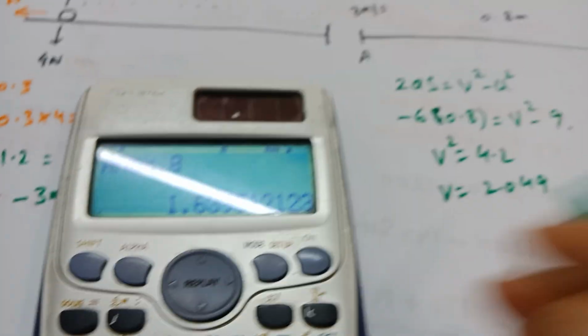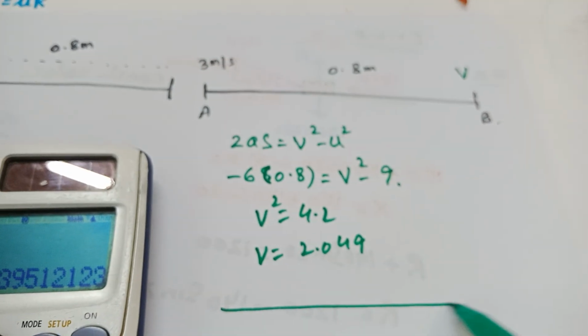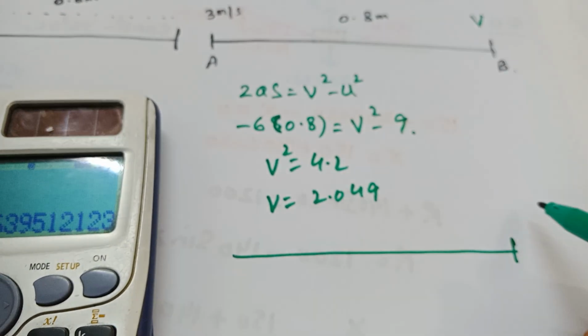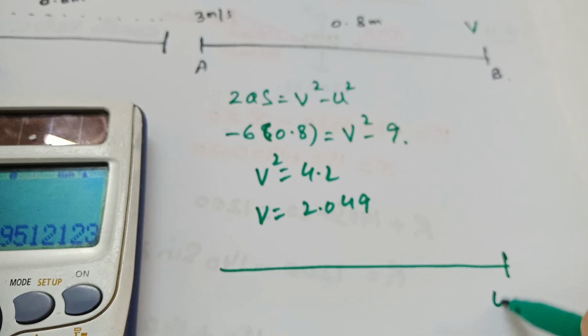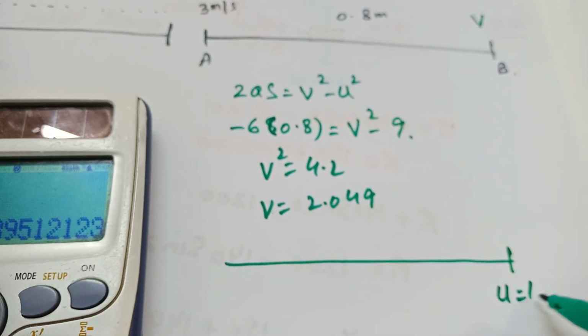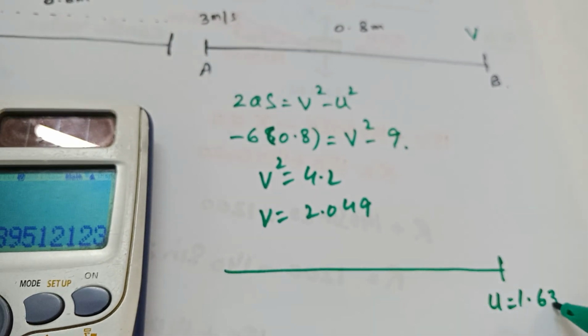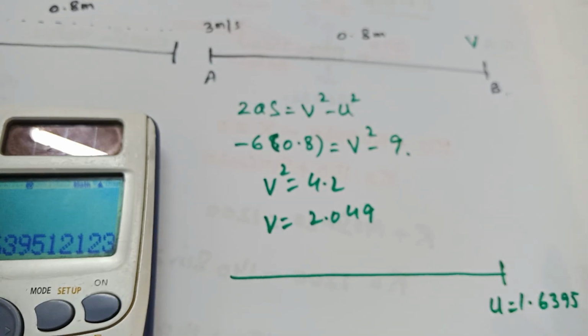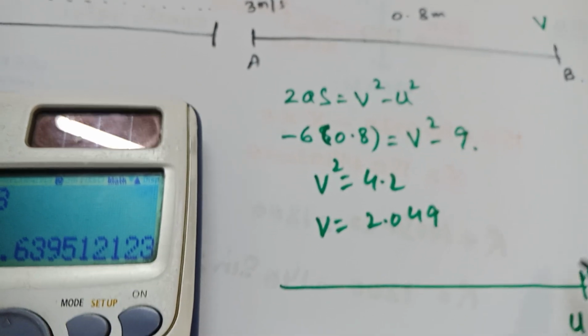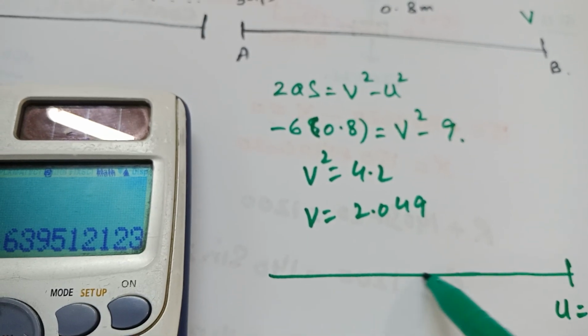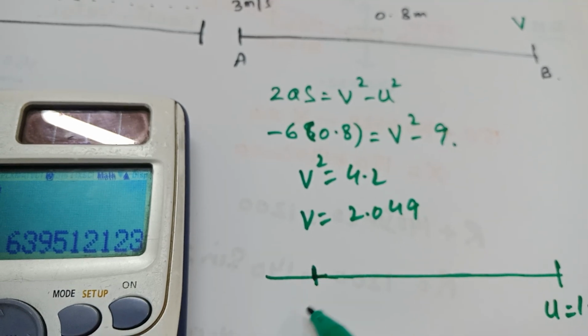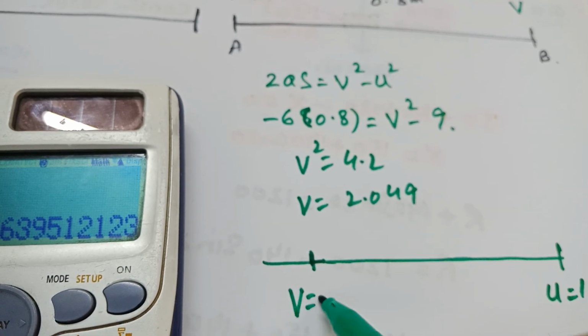Now for the next case, this becomes the initial speed. U is equal to 1.6395. When it covers the maximum distance, at that point V will be 0.